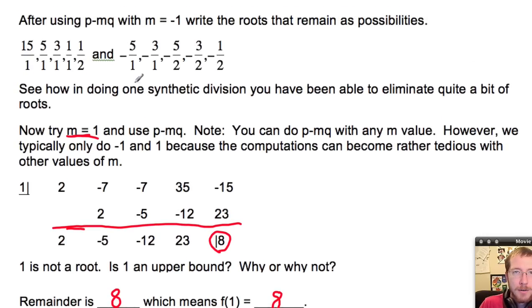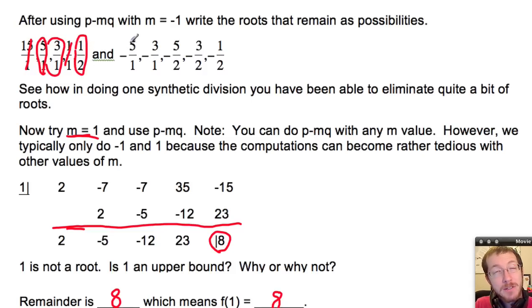So if you go through each one of those, for instance 15 minus 1 is 14, that's not going to work. 5 minus 1, that works, so you would keep that. 3 minus 1 is 2, so that works, so I would keep that. And again, these don't mean that these are roots, they just made the next cut. 1 minus 1 is 0. 1 minus 2 is negative 1, so that works.